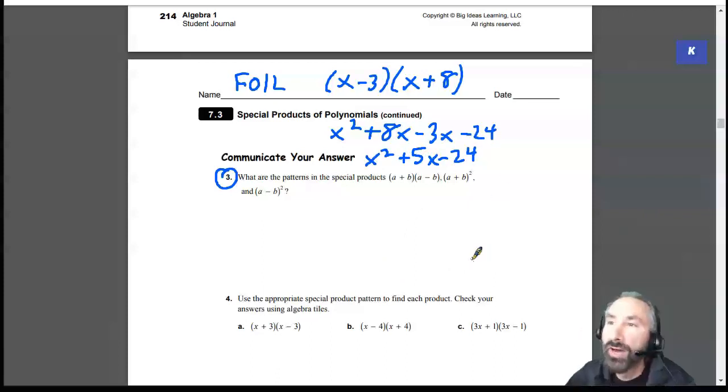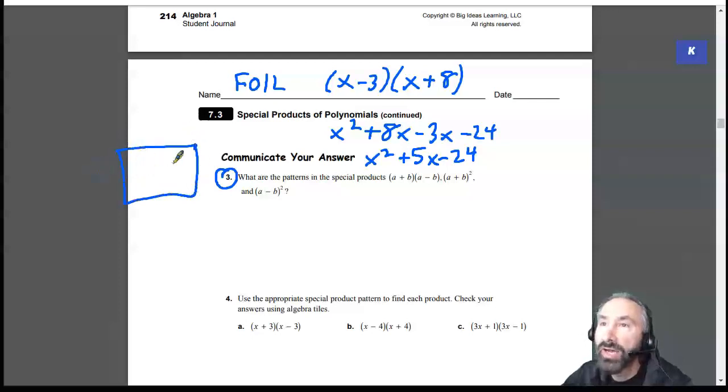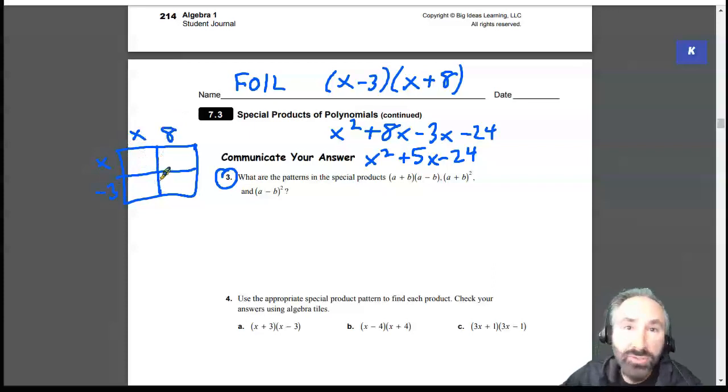Now, also, I would love it if you use the area model for multiplying these. You don't have to use algebra tiles, but you could. You could also use this sort of box method. You make a box, and on this side of the box, you put x and negative 3, and then on the top x and 8, and this is a good way to multiply polynomials and find the special products of polynomials.